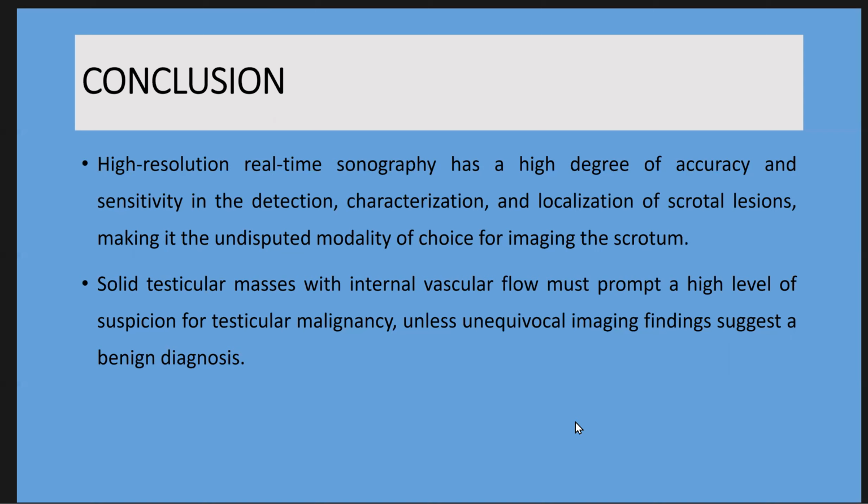Solid testicular masses with internal increased vascular flow must prompt a high level of suspicion for testicular malignancy unless equivocal imaging findings suggest a benign diagnosis.